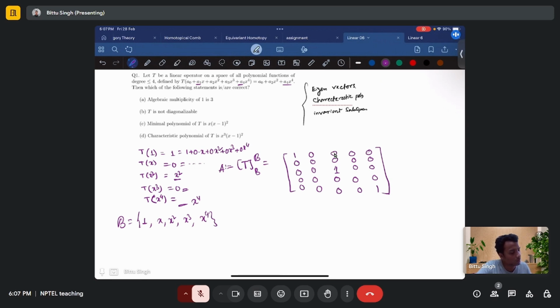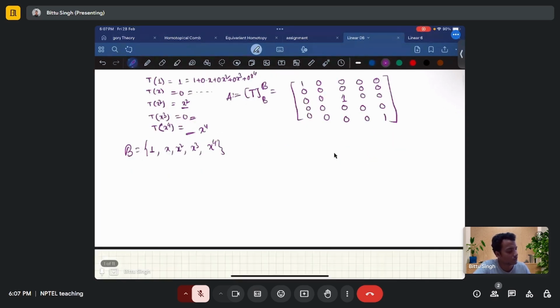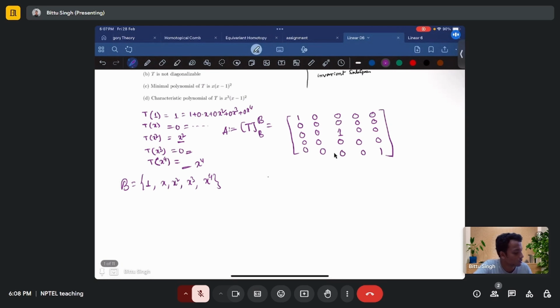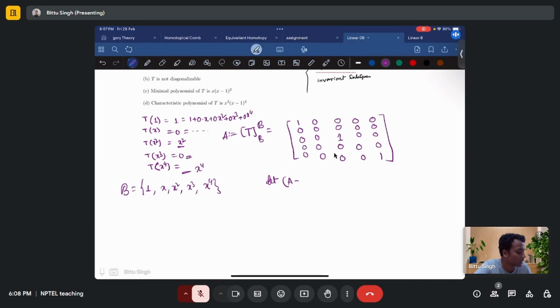So first we need to find the eigenvalues of A. This is an upper triangular matrix. Clearly the eigenvalues will be the diagonal entries, right? Let us find the eigenvalues. Eigenvalues are determined by the polynomial det of A minus xI equal to 0. Instead of this, let us first find det of A minus xI.